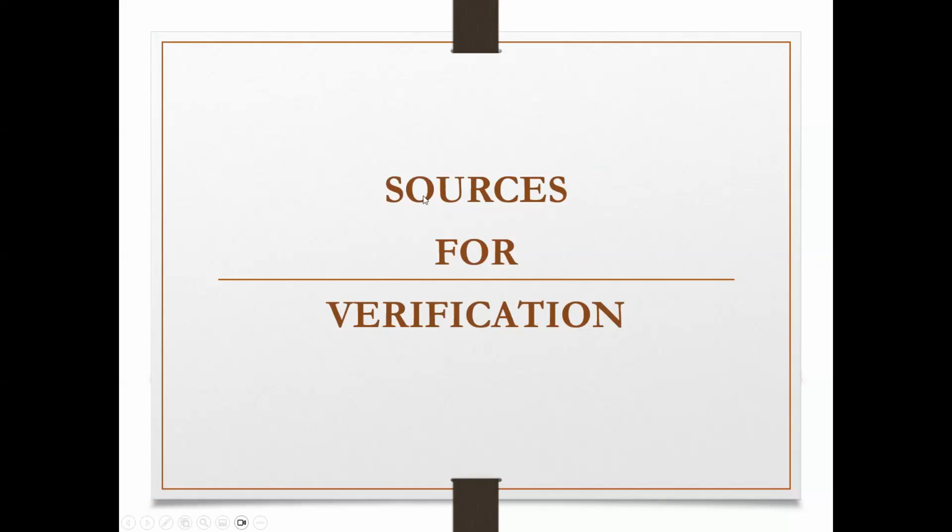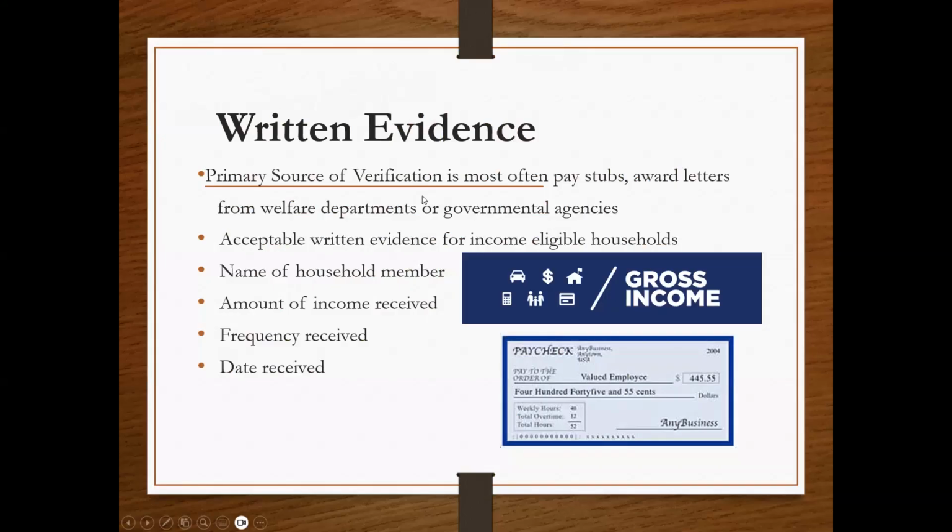So, sources of verification. You've sent the letters out and now you're wondering what is acceptable to receive back from the household. So let's talk about sources for verification. Written evidence is the primary source for income verification, including WorkFirst TANF, FDPIR, other source categorical eligibility programs, and foster child households.